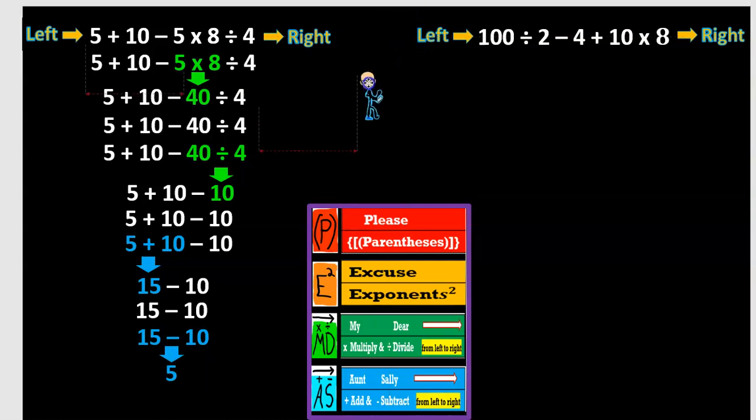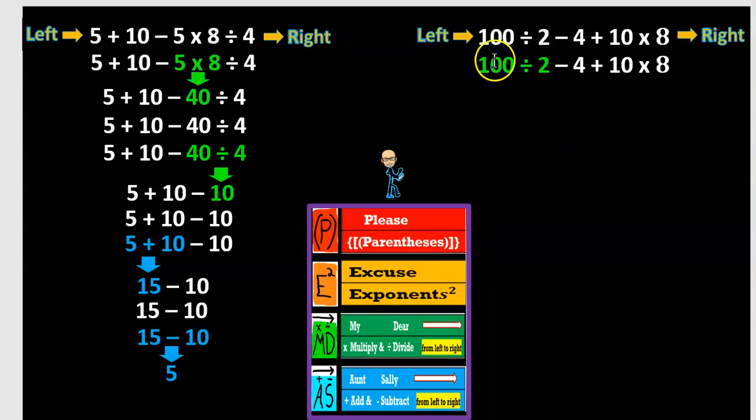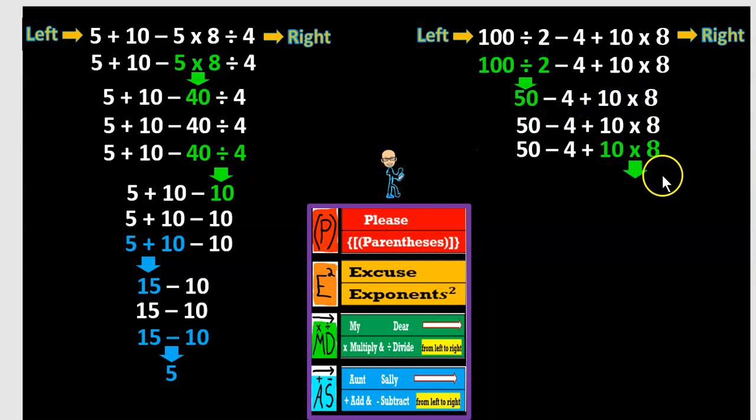Sometimes, here, there are no parentheses, there are no exponents, but there is multiplying and division. But look, division comes first this time. So guess what you're going to do? You divide first here. Then, roll across. Now, what comes? We have to do our multiplying now.